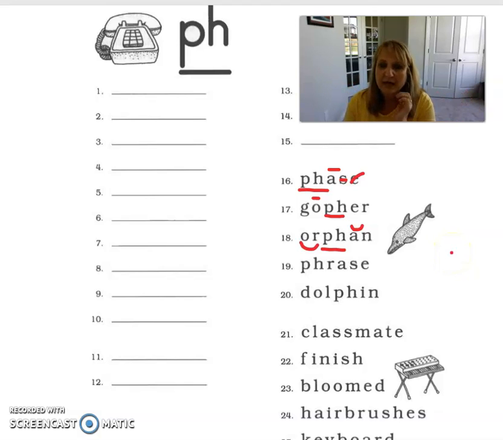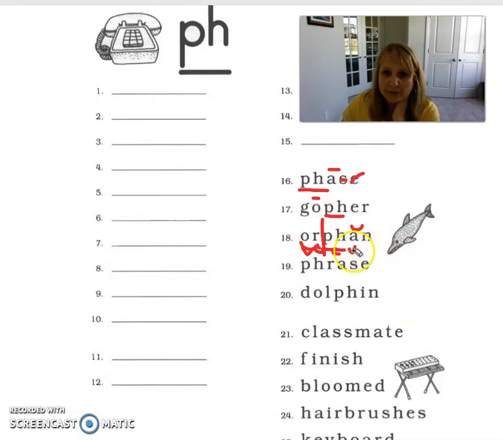Orphan. It is also 2 syllables. But remember that the PH only counts as 1 consonant, right? So we have V, C, C, V. And we're going to split it right there between those 2 consonants, orphan.